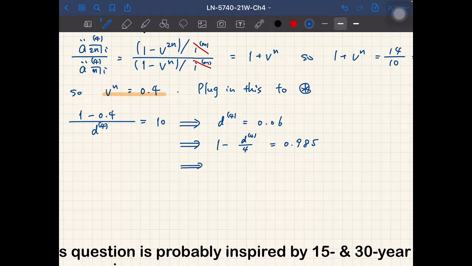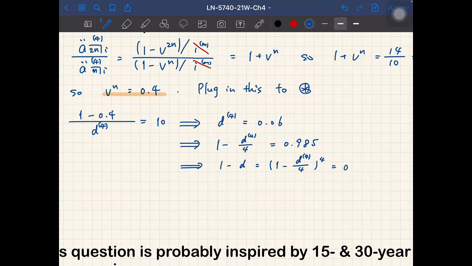Okay, so then what is 1 minus d? 1 minus d is by definition 1 minus d superscript 4 over 4, to the 4th power. This is the definition of d superscript 4. So this is equal to 0.985 to the 4th power.